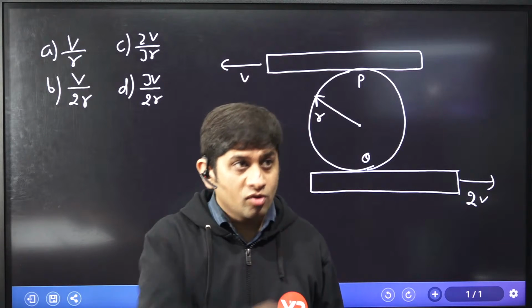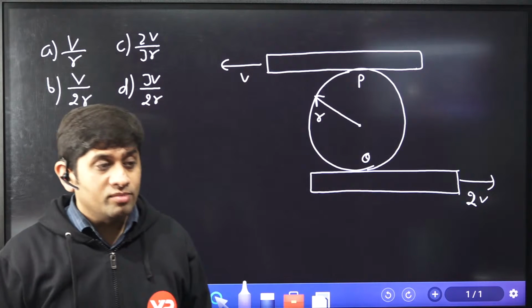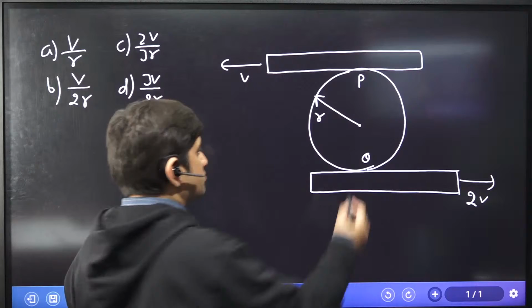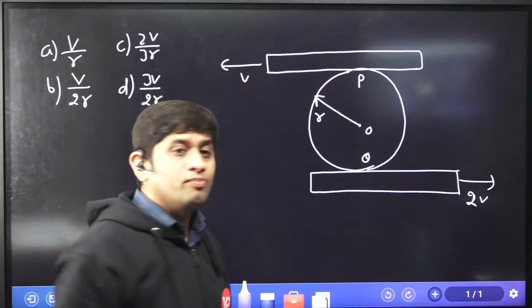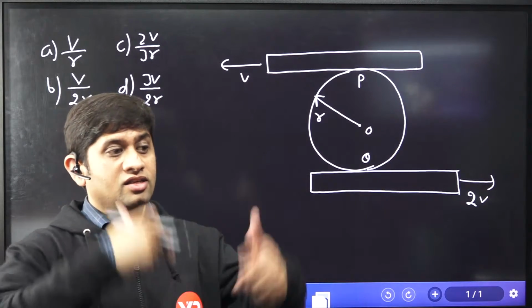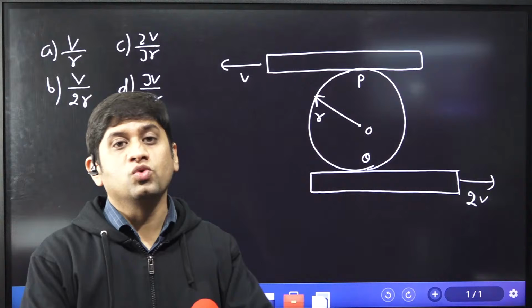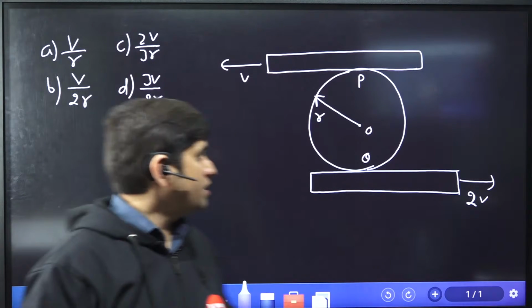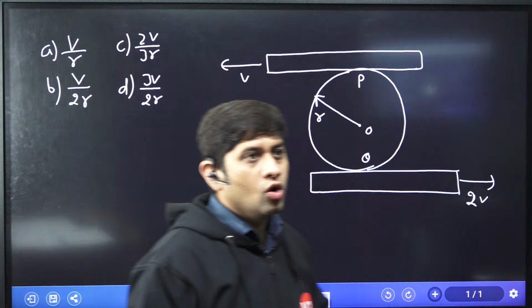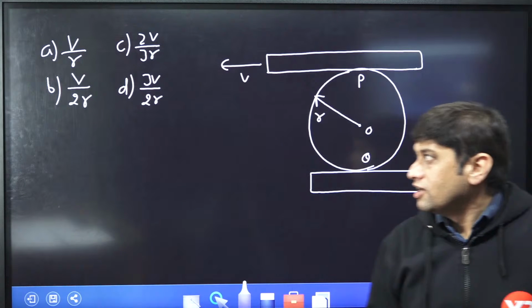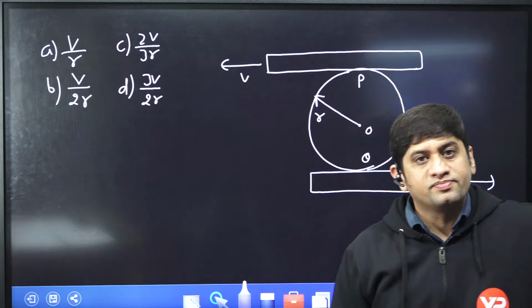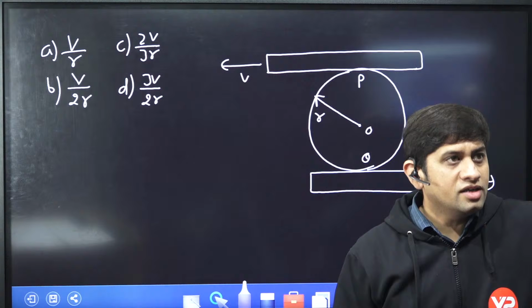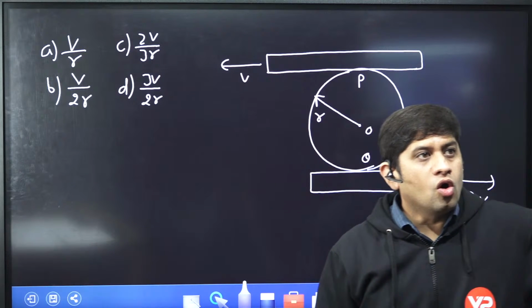Let's say this point is O. Can you tell me the point about which this disk is going to rotate, the instantaneous center of the disk? Do you think it is O or not?